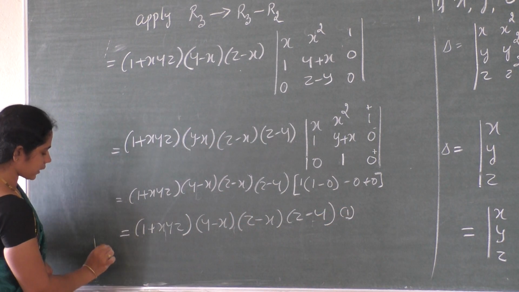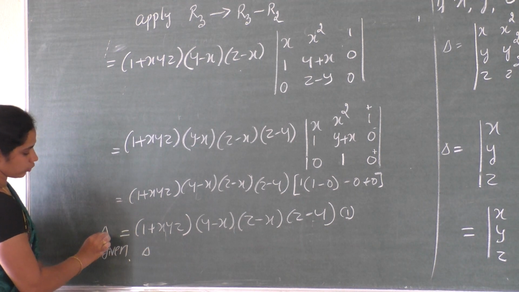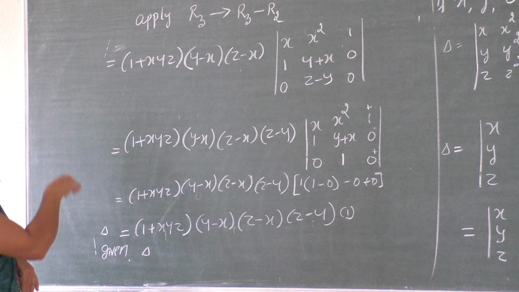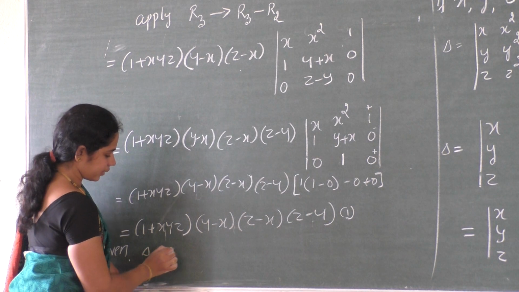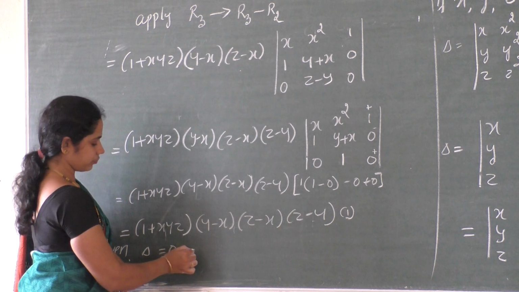Now, what is given in the question? Given that this value is same as delta, given that delta is equal to 0. What does that mean?